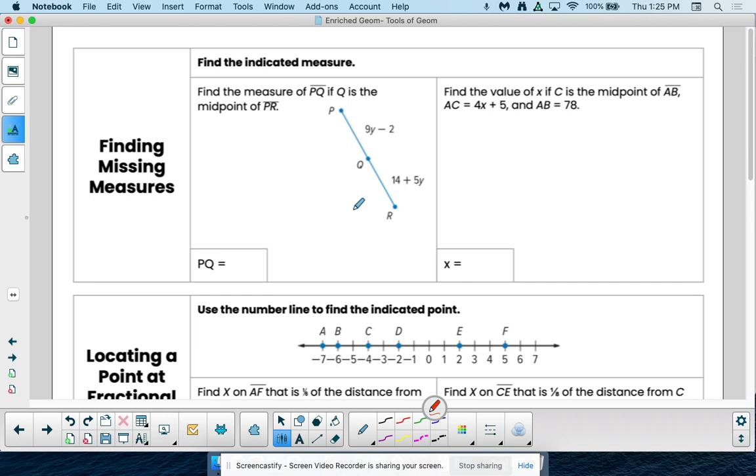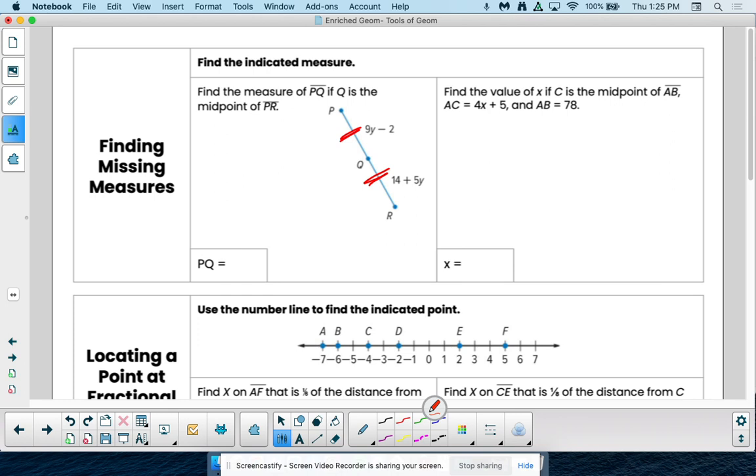So let's break this down just a tish. We're told that Q is the midpoint of PR, so what do I automatically know? What's the same? PQ, QR. Yes. Give yourself all those tick marks. Put them on there so you remember. I know those two chunks are the same because Q's in the middle.